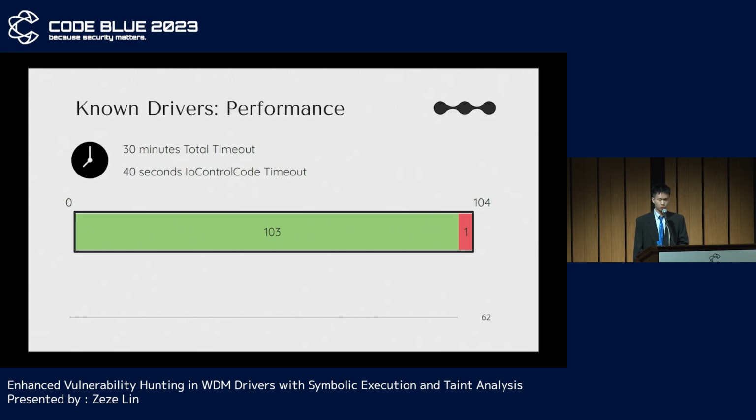With a 30-minute total timeout and a 40-second IO control code timeout, 103 drivers can be analyzed successfully by IOCTLance. The other one requires symbolizing the data section to find the IOCTL handler.